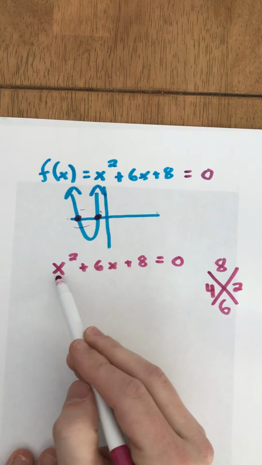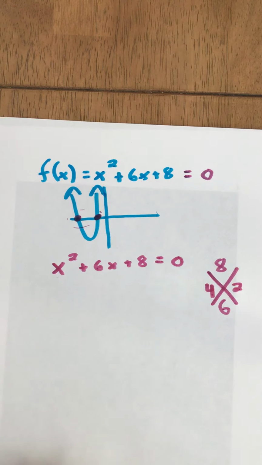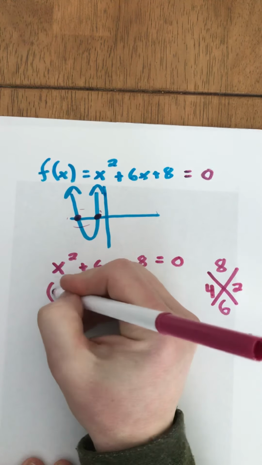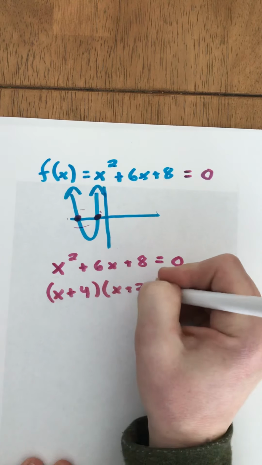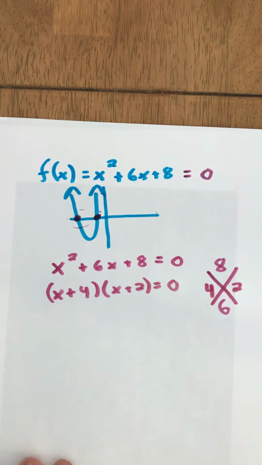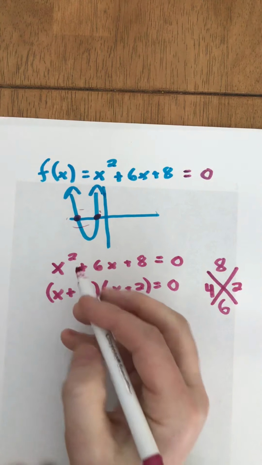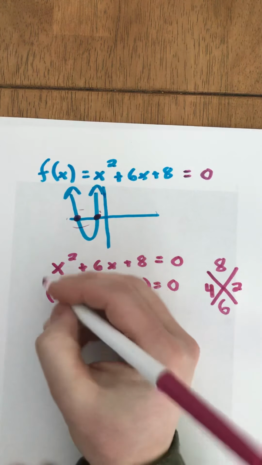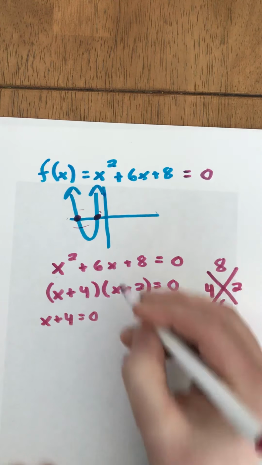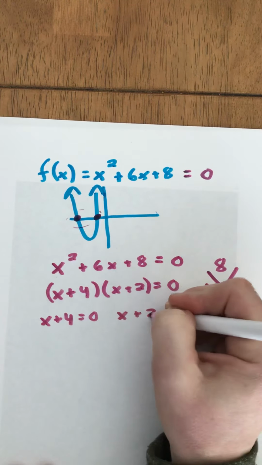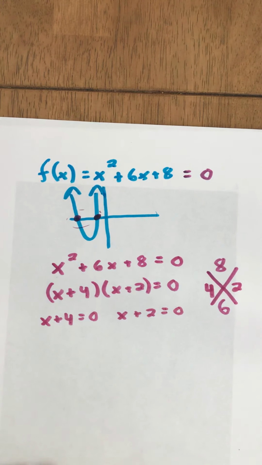So essentially, I can rewrite x squared plus 6x plus 8 as x plus 4 times x plus 2 equal to 0. Now, once we factor like this, it's going to make it a lot easier for us to find those roots, because now basically what I'm saying is x plus 4 has to equal 0, and x plus 2 has to equal 0.